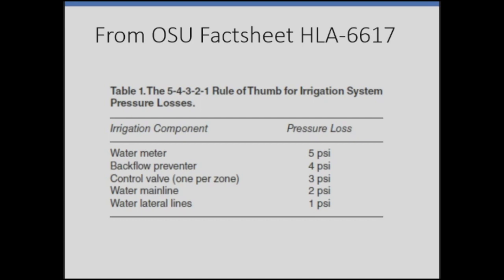And so what you have to keep in mind is that if you measure the pressure, say at your water meter or something like that, and it's a good distance away from where your sprinkler head is, everything downstream of that is going to pretty much reduce the operating pressure you're going to get. And so if you're right on the money for the ideal operating pressure, but you're up at the meter, you're probably going to be a little bit low once you get down the field, and that's an important point that you have to consider.